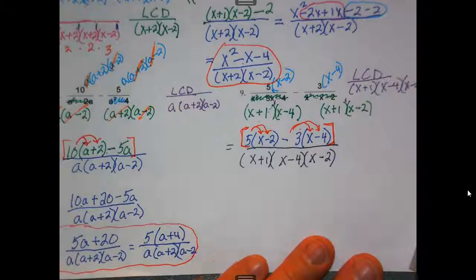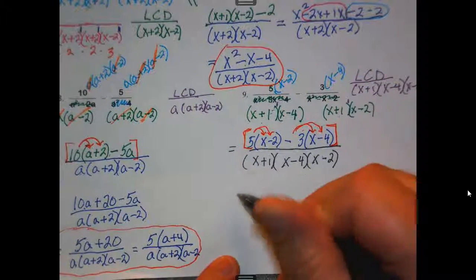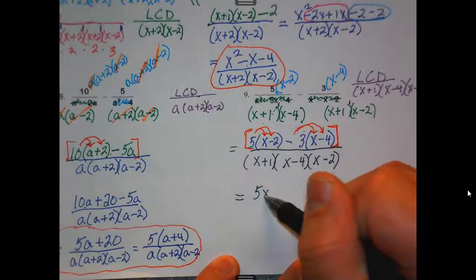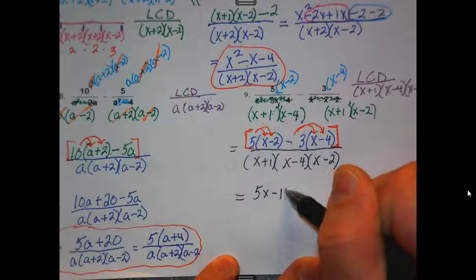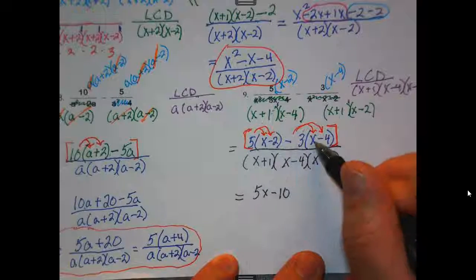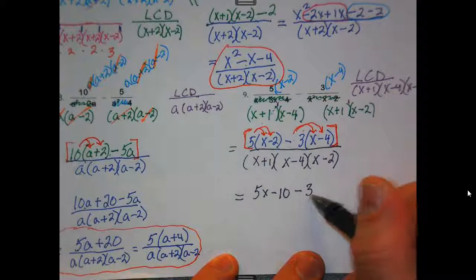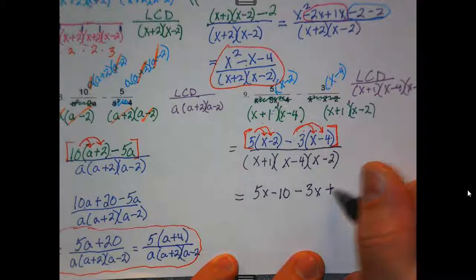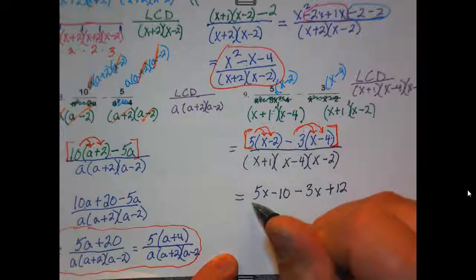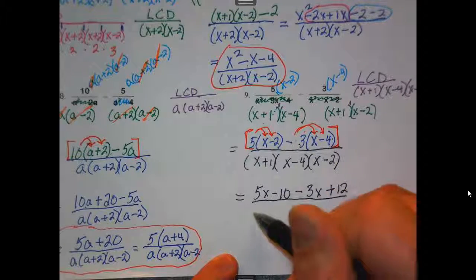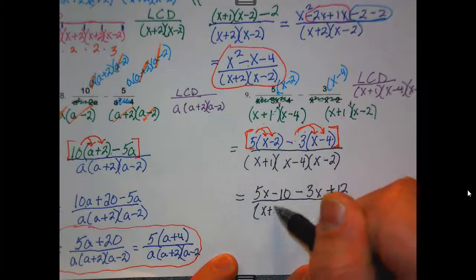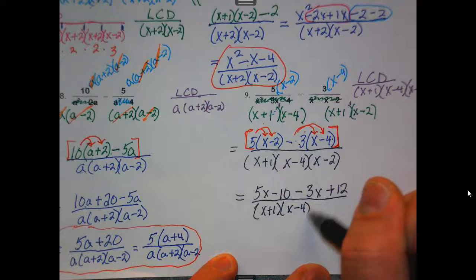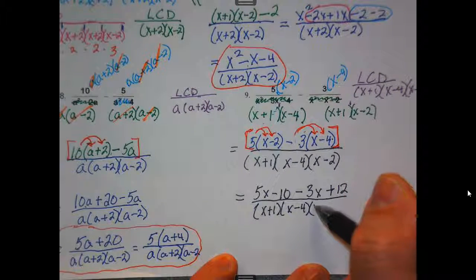Okay, we get 5x minus 10. Negative 3 times x, negative 3x. Negative 3 times negative 4 is positive 12. All over x plus 1, x minus 4, x minus 2.